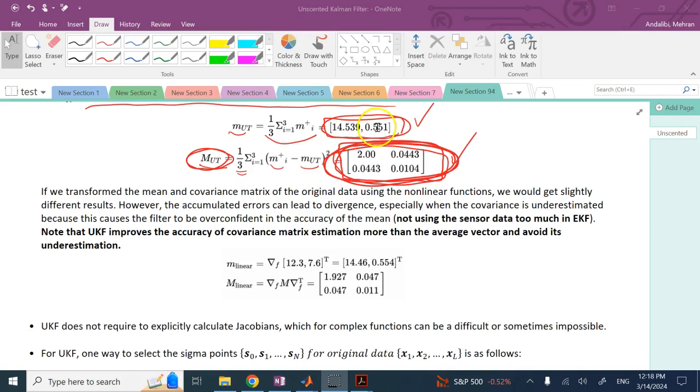This one compared to this one, they are very close. You are right. And the sigmas, if you look, are quite close too. Now, sigmas are not as close as the mus are, but clearly it's not a huge amount of error. The problem is when you are doing object tracking or localization or SLAM or anything like that, these small errors over time will accumulate.